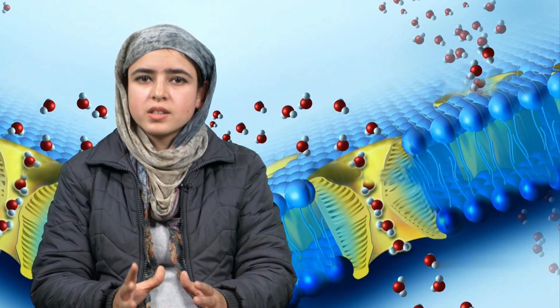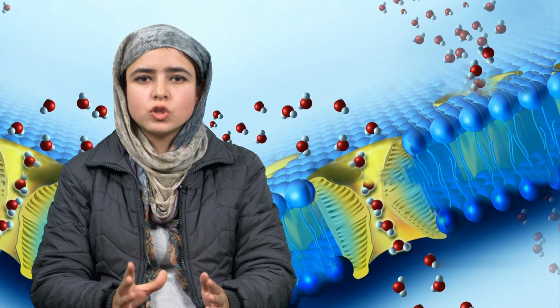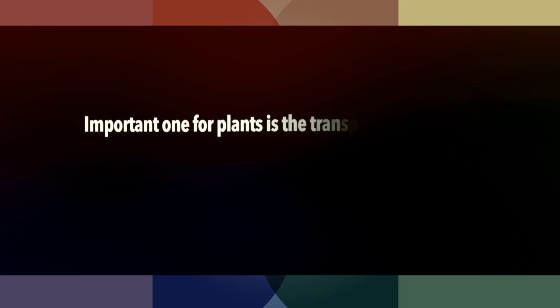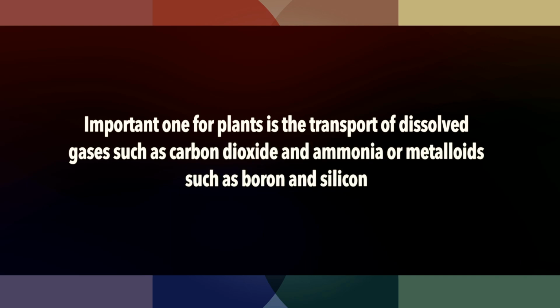Plant aquaporins can transport various physiological substrates in addition to water. The important ones for plants are the transport of dissolved gases such as carbon dioxide and ammonia, or metalloids such as boron and silicon.